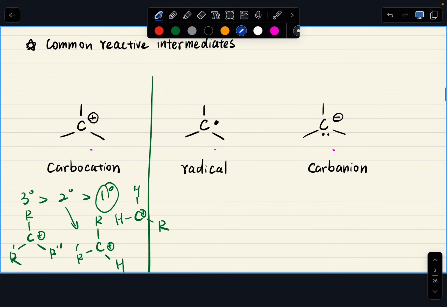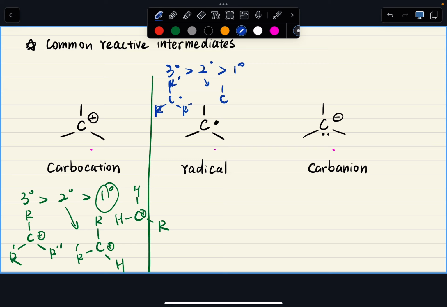Likewise, for radical, we have tertiary more stable than secondary, than primary. Tertiary means you have 3 R groups attached to it. Secondary means you have 2 different R groups attached to it and a hydrogen. Primary is a carbon-centered radical with 2 hydrogens and 1 R group.